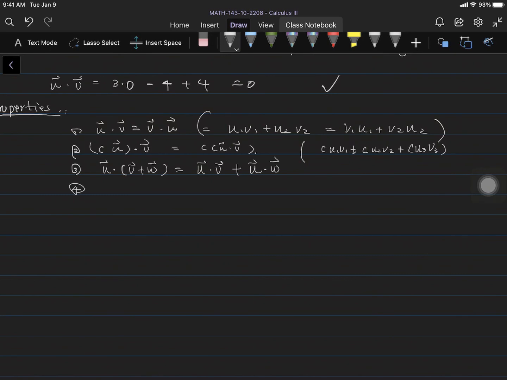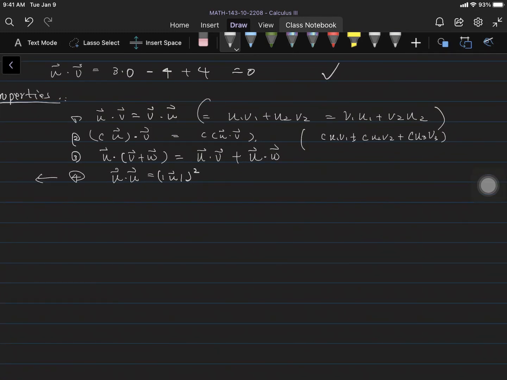Number 4: u dot u. This is pretty important, in the future we are going to use it again. u dot u is actually the length of u squared. Why?